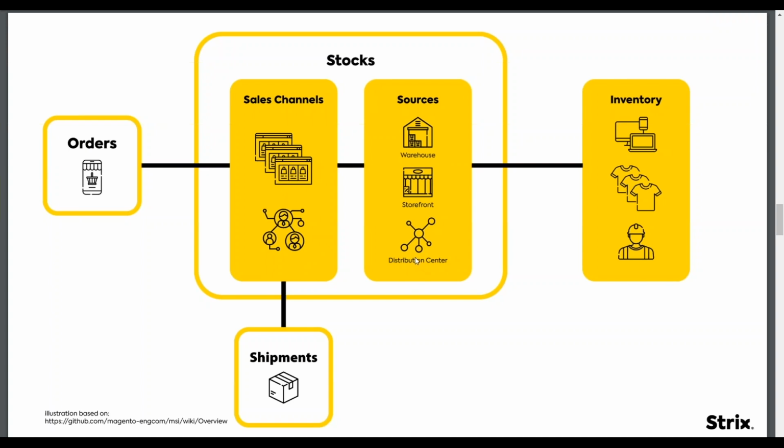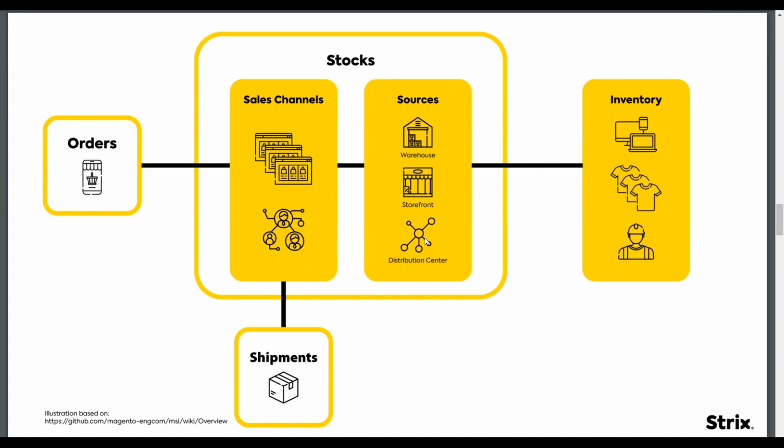So simple, this is a sum of all of your quantities in particular sources. Of course, this salable quantity can differ from the real quantity in your sources, because we have another cool feature like a reservation.